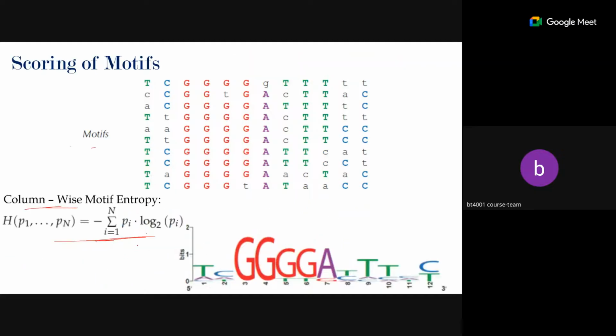Now once this column-wise motif entropy is computed, there is something called a motif logo, which is basically a representation of the motifs in a pictorial format. So we'll use this motif entropy, and for every particular nucleotide we are going to compute this value pi log pi.